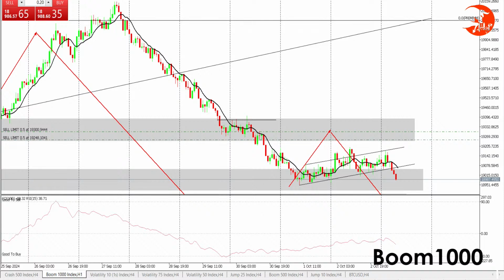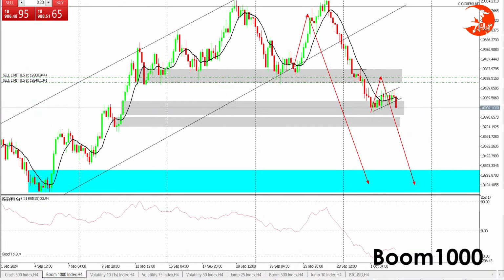Because of its low momentum into the sells, let's find the reason why it is having low momentum. You can see on H4, it's because we reached that level, and that's why we are seeing a low momentum.